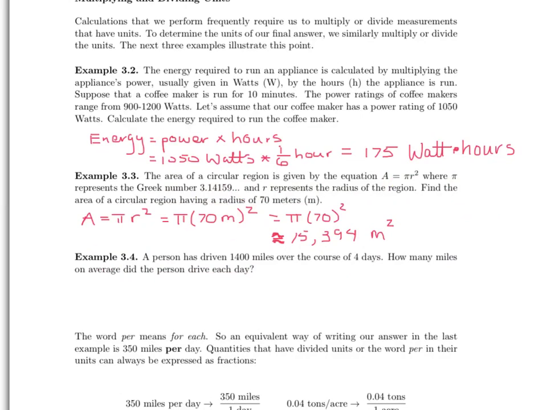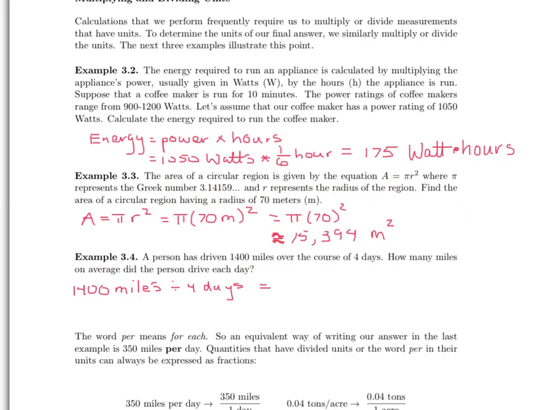If you want to take the 1,400 miles and split it evenly over the course of 4 days, that would require a division. So we would take 1,400 miles and divide this over 4 days.